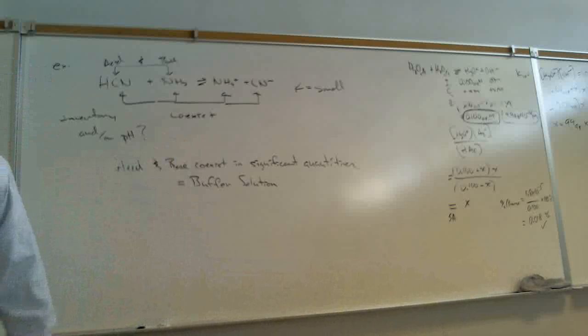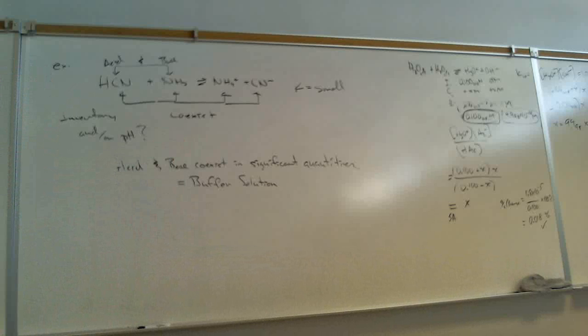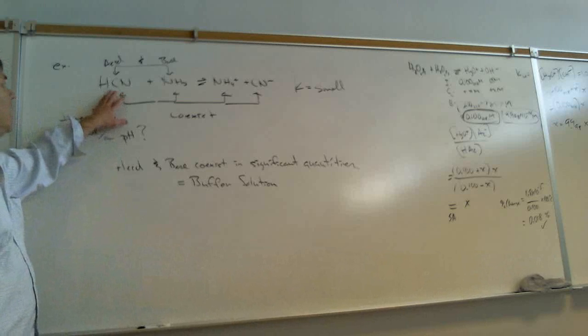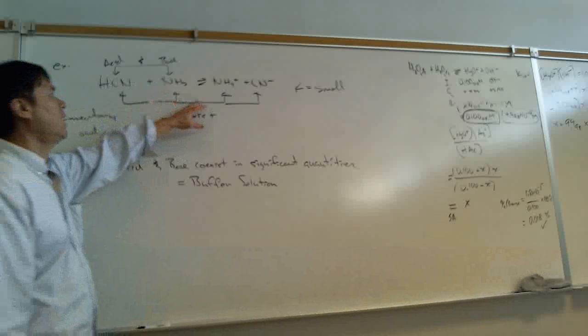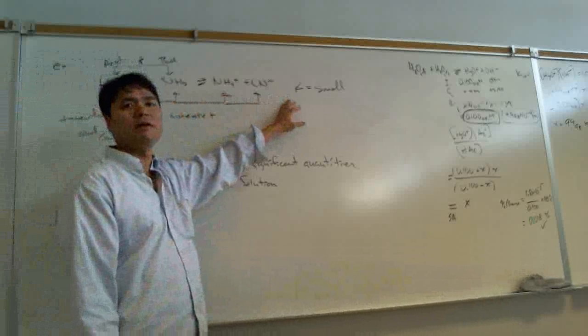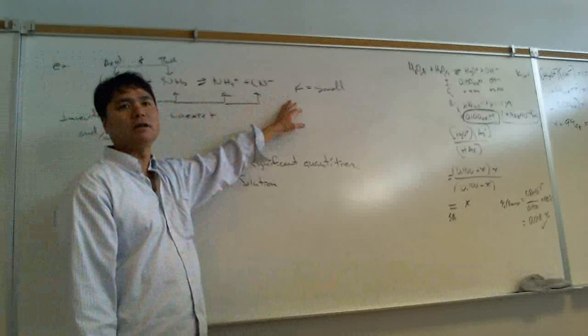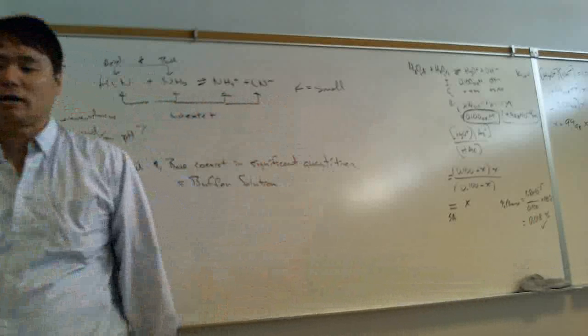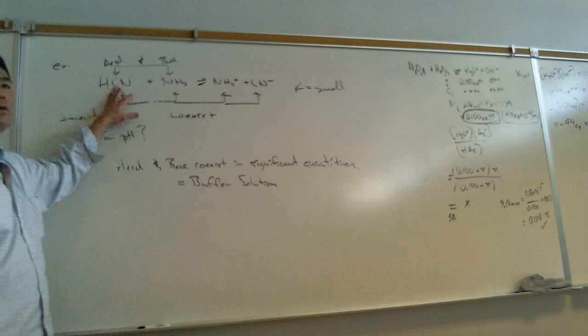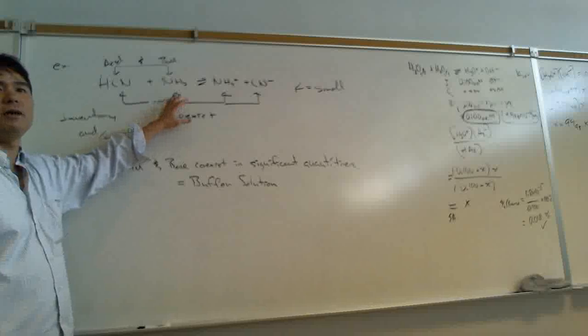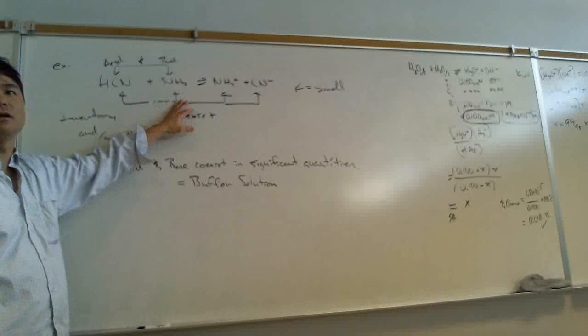Well, how do we figure out what the pH of this buffer solution is and what the inventory is? I'll tell you what we know. We could do Ka of HCN, Kb of ammonia, Ka of ammonium, and Kb of cyanide. We have a whole bunch of equilibria there. And those equilibria are going to be tied together: the Ka equilibria generate hydronium, the Kb equilibria generate hydroxide.